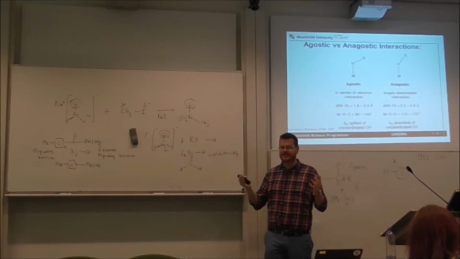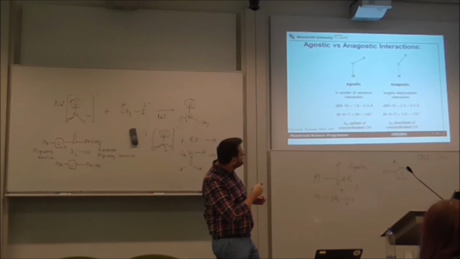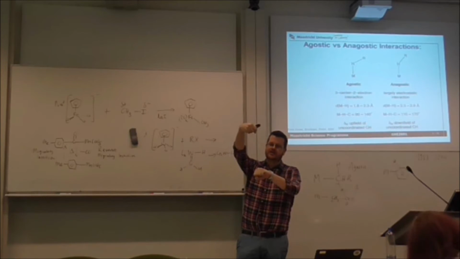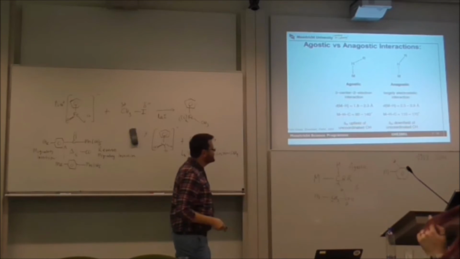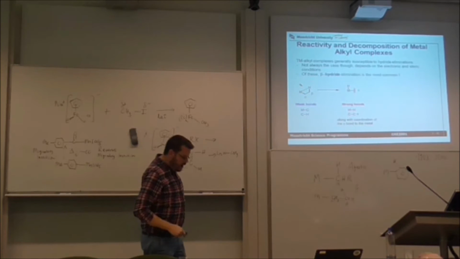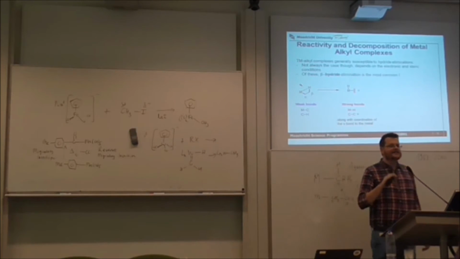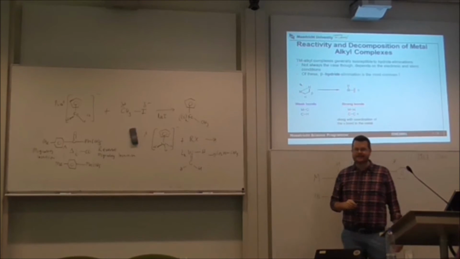So here, electrons are being shared between the hydrogen and the metal, and in an anagostic interaction, it's just charge separation, and they're held together by electrostatics. Got it. Anagostic, agostic.